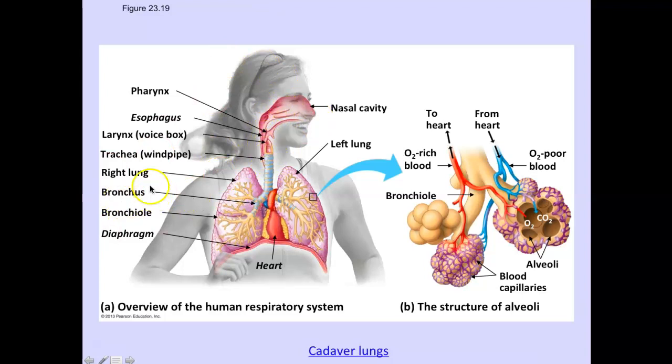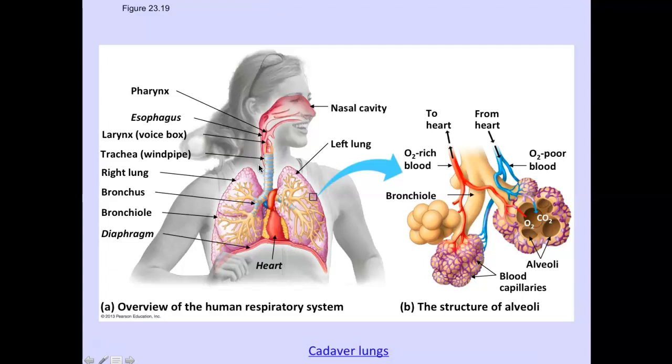In the large bronchi, you still have mucus. But by the time you get to the bronchioles, you don't have mucus anymore because they're too small. If they had mucus, you'd not be able to breathe. But that's one of the jobs of the respiratory system. So the healthier way to breathe is in through your nose and not to be a mouth breather. You can breathe out through your mouth, that's fine, but in through the nose is actually the healthier way to breathe.